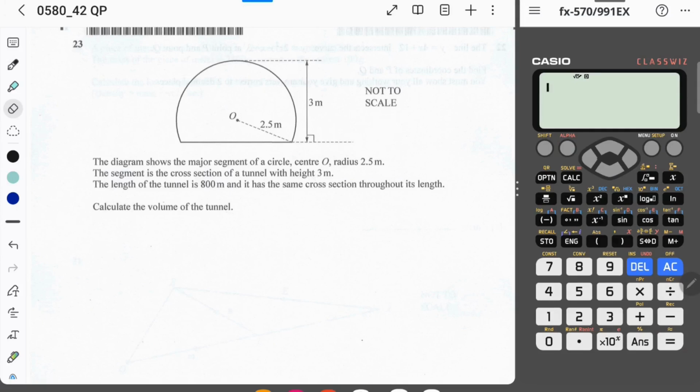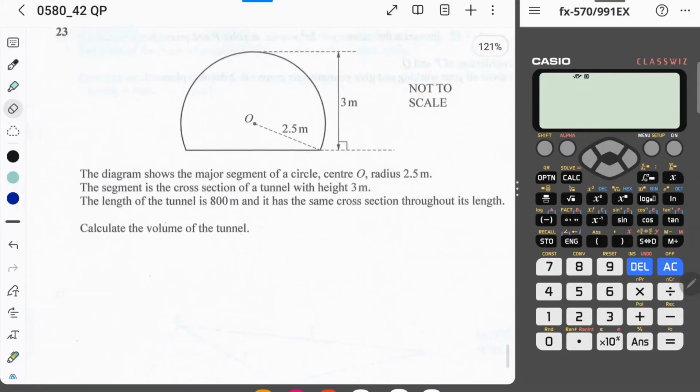If we want to know the volume, you find the base area multiplied by the height, but we'll have to calculate the base area. One part is a sector, and I'm going to divide it into parts as it's not a semicircle. If the radius is 2.5, this will also be 2.5, and the whole height is given as 3.